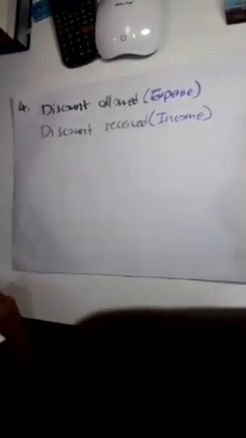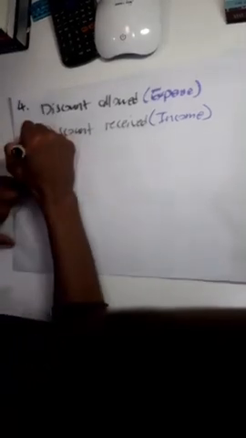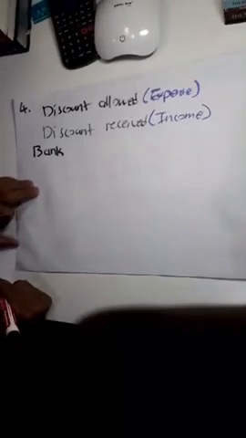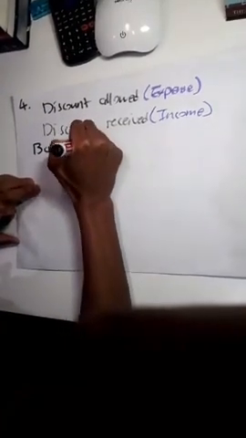So now it's the customer paying, so we have to allow them a discount. Which accounts are affected? We are receiving money. When you receive money, your bank is affected. And which statement is bank? Statement of financial position, right?